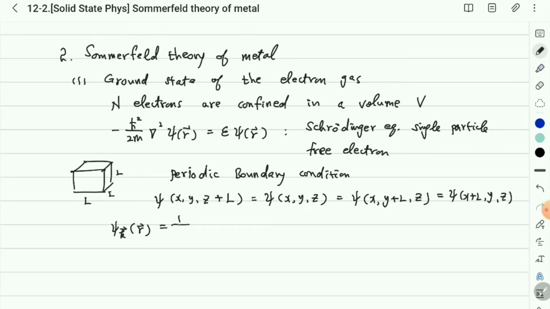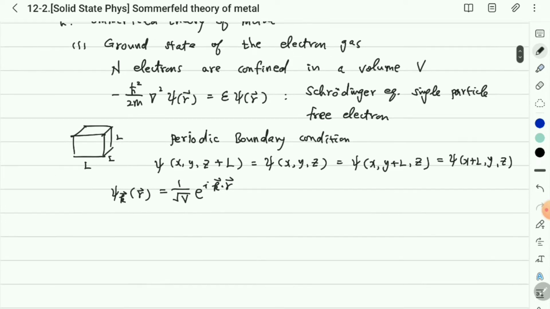It is exponential i k dot r, the free particle. Here, the momentum operator can act on the wave function. Then h bar over i del psi_k(r), in other words, it is h bar over i partial r of exponential i k dot r.